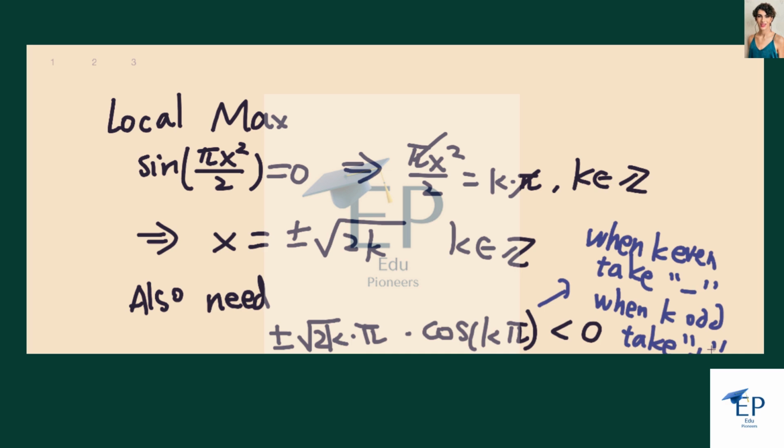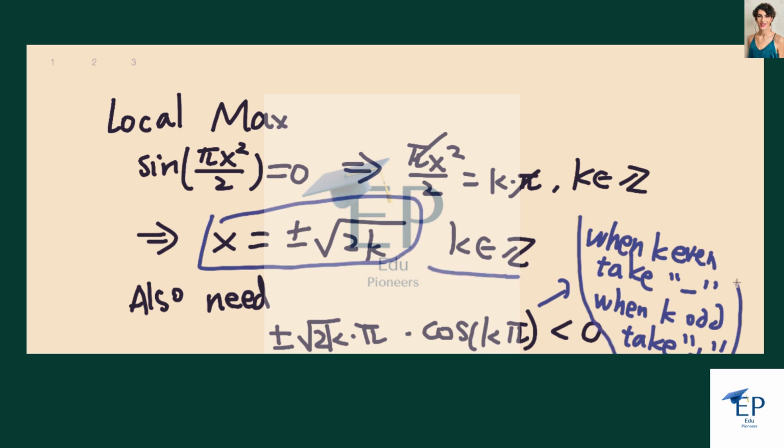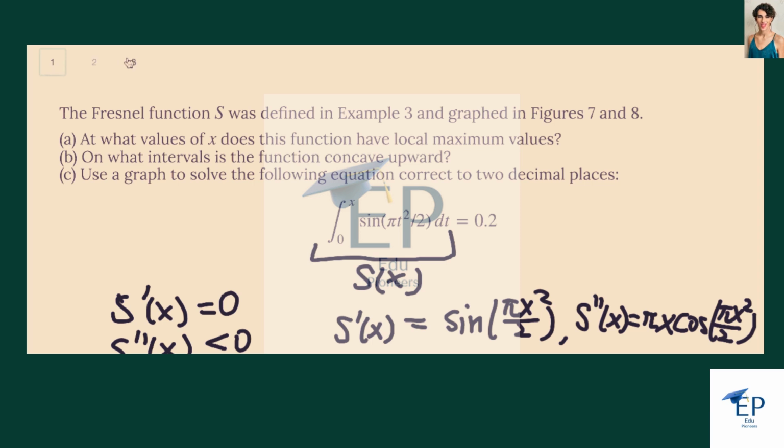So all the x equal to this with k an integer that satisfy this, basically, it's either a negative even integer or a positive odd integer, then it gives you the local maximum. It looks a little bit weird, but that's the idea.